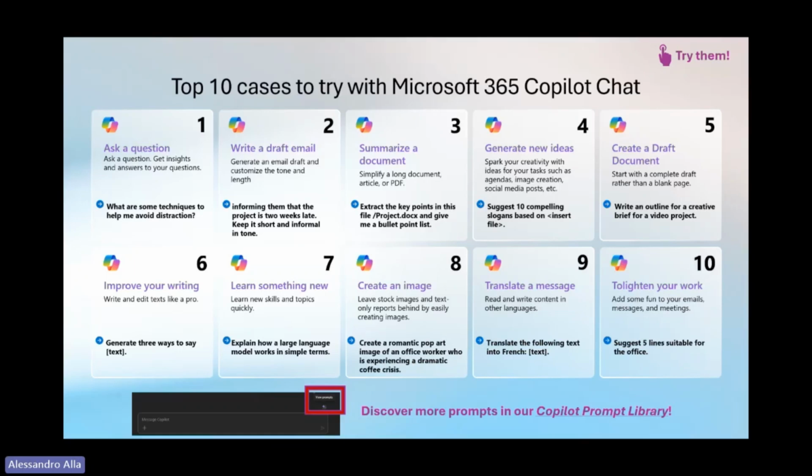You can ask Copilot to be more creative, asking for new ideas, for example, suggest 10 compelling slogans based on something. You can also ask to turn an email into a document to start with a draft and not from a blank page.